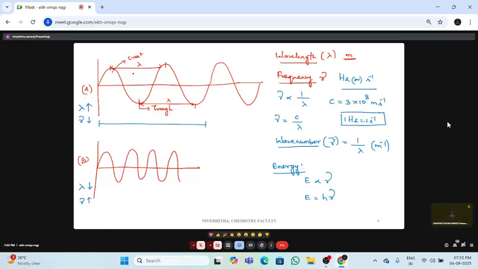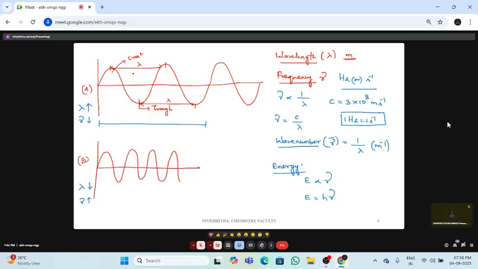What is this h, Kanna? Planck's constant, ma'am. Very good. It is Planck's constant, and we know its value, which is 6.626 into 10 power minus 34 joule seconds.